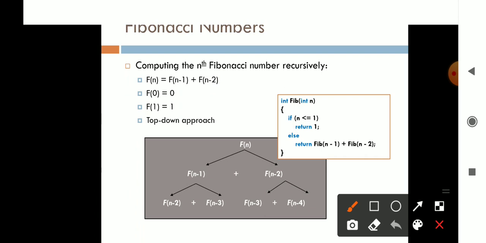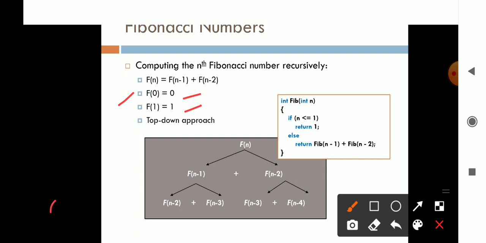So the first solution is, if you have n equal to 0, you will have only 0 in your series. Now if you are having f of 1, 0 and 1 will be the two numbers in that particular Fibonacci series. Then those are the fixed values, f of 0 is equal to 0 and f of 1 is equal to 1.